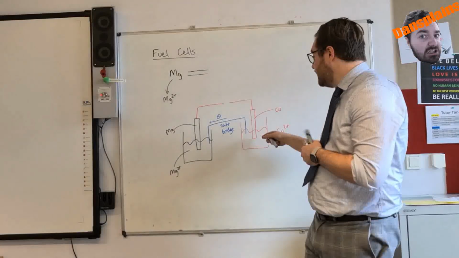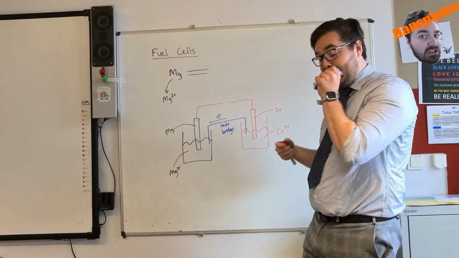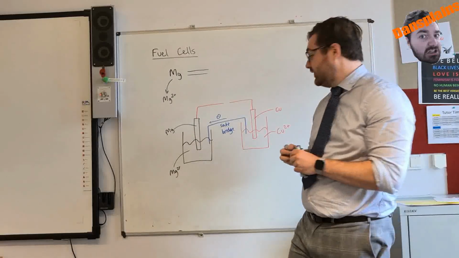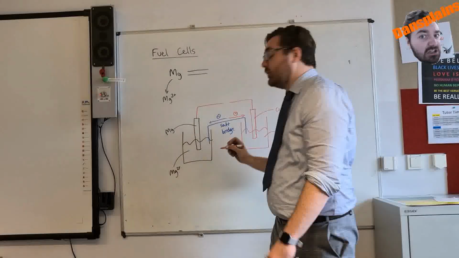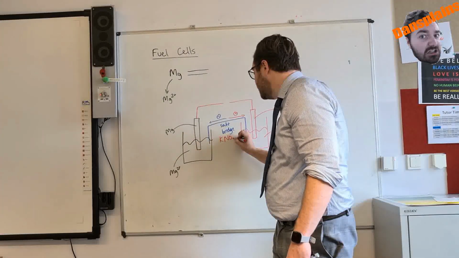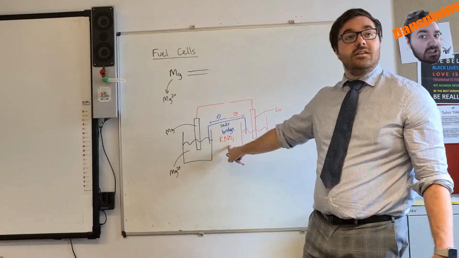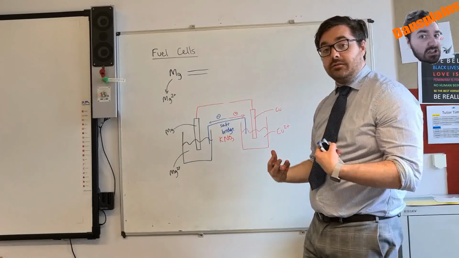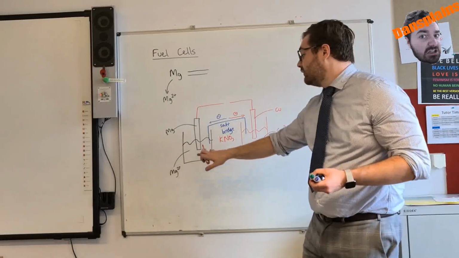And also when the negative charges start appearing here, because the electrons are taking out the copper 2+, positive charges will move this way. Now typically they use potassium nitrate, because potassium is a very unreactive metal and nitrate is a very unreactive anion. So it's very unlikely that they're going to interact with either of these.